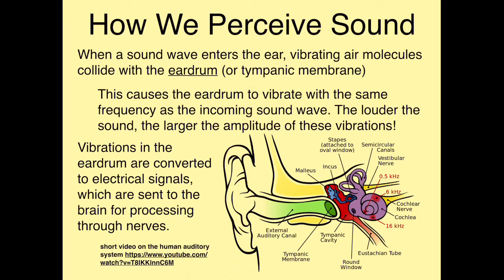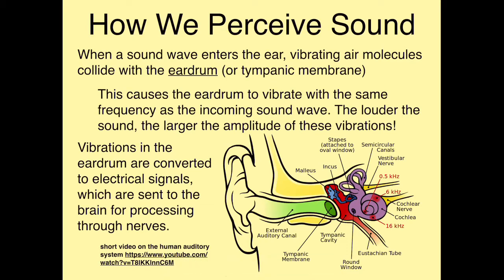Air molecules vibrating back and forth collide with the eardrum, exerting a force on it, which causes it to vibrate back and forth also. The frequency of the incoming sound wave is exactly the same as the frequency of the vibrations of the eardrum.